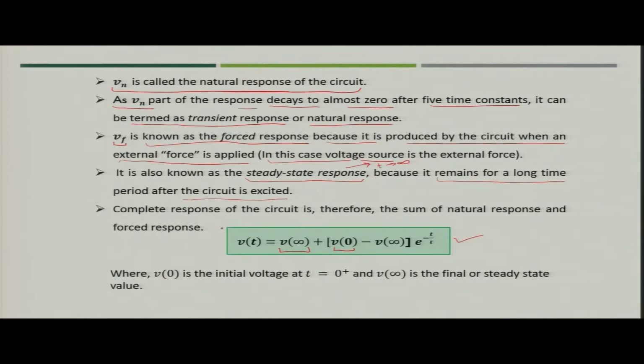This is nothing but a combination of the forced response and the natural response of the circuit. Here V naught is the initial voltage at time t equal to 0 plus, because in the case of a capacitor, the voltage across the capacitor cannot change instantaneously. It means that V naught at t equal to 0 minus and t equal to 0 plus will always remain the same, and V infinity is the steady state or final value of the voltage across the capacitor.